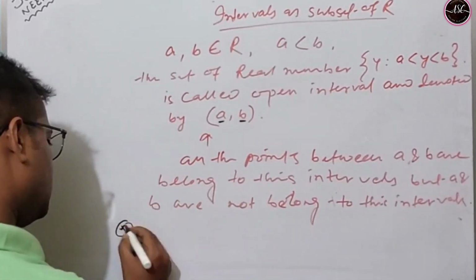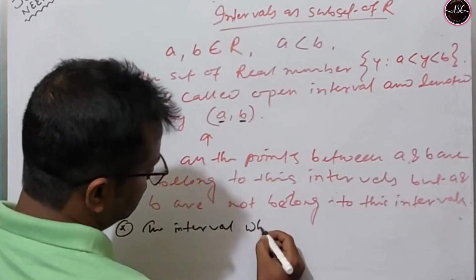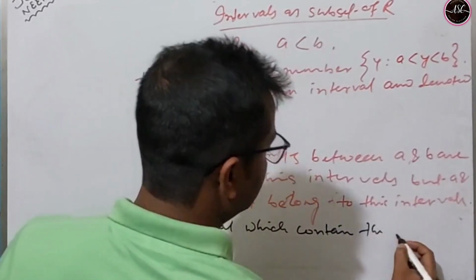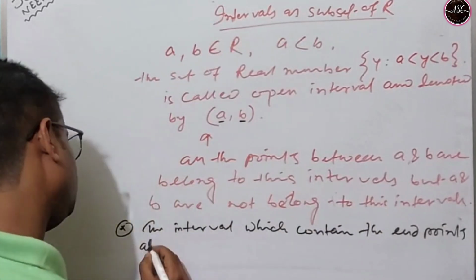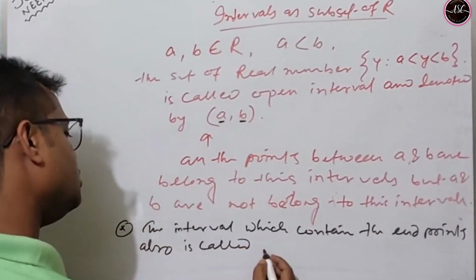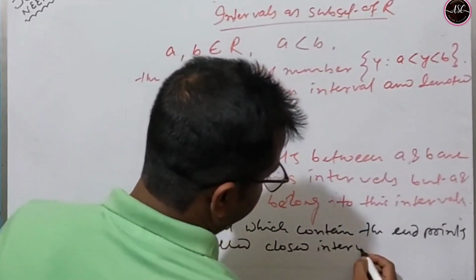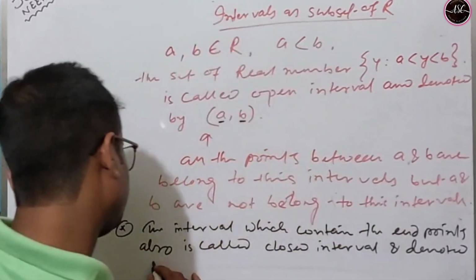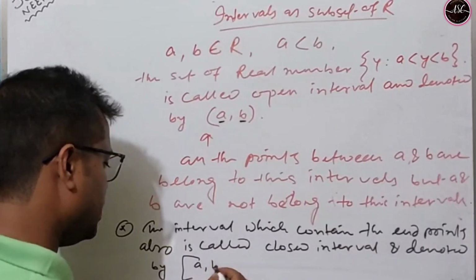So the interval which contains the endpoints also is called a closed interval and is denoted within third brackets [a, b].